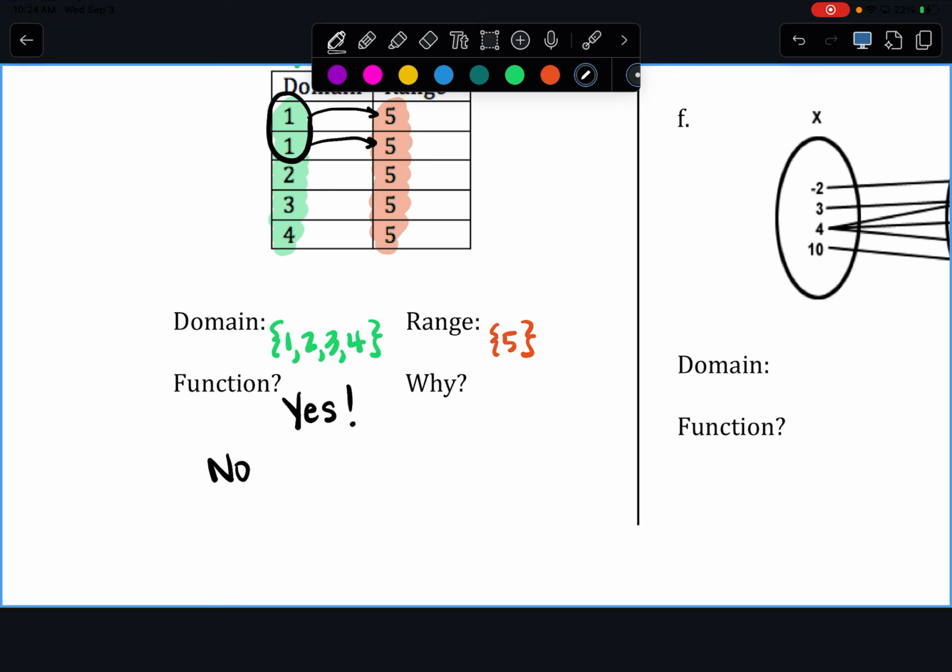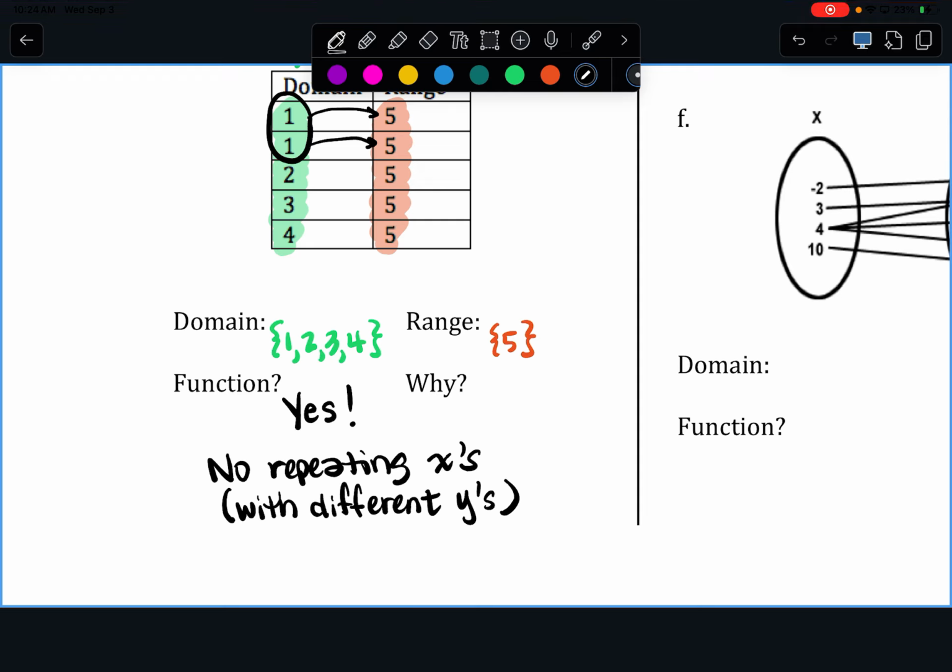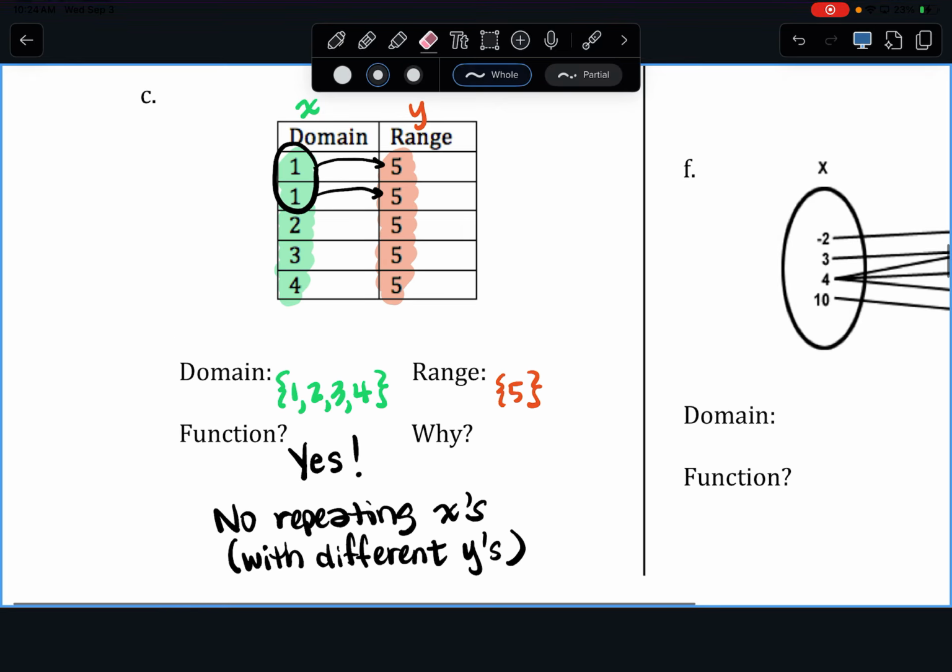So I'm going to write no repeating x's, and I'm going to put in parentheses with different y's, because that's what we're talking about. Normally when we see repeating x's, we have different y values attached to them, but this one's just trying to be really tricky. So don't fall for the trickery, okay?